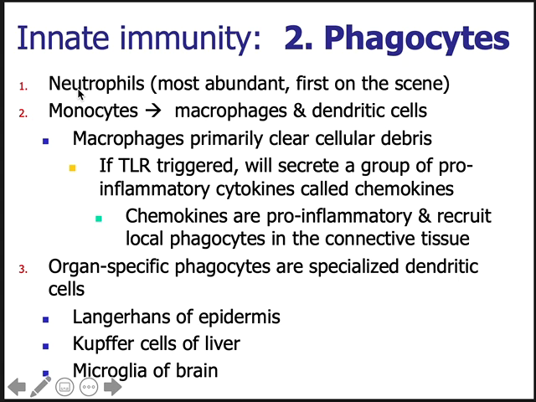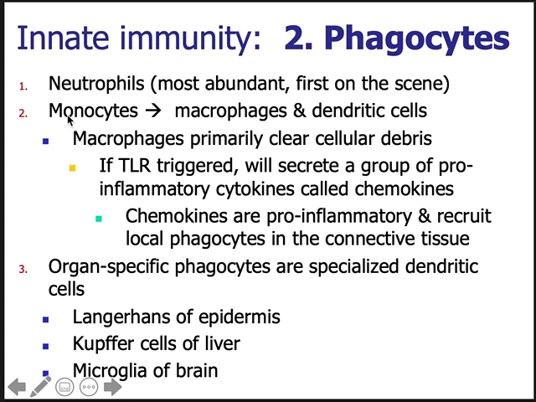Because they're so abundant, they're typically the first ones on the scene if you have an injury or any type of pathogen, or any type of infection that's starting. Neutrophils are going to get there first. Okay, so most abundant, first on the scene to fight an invader.